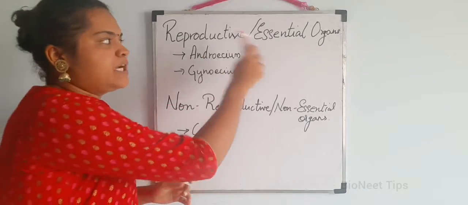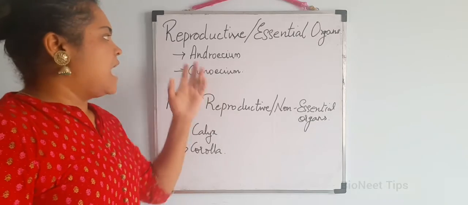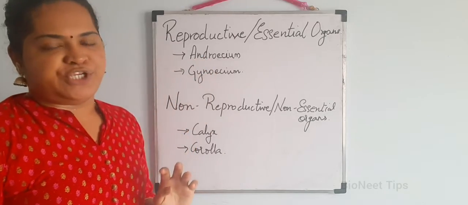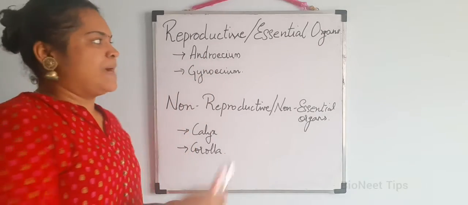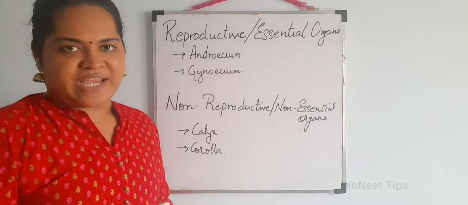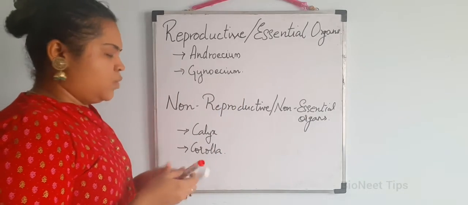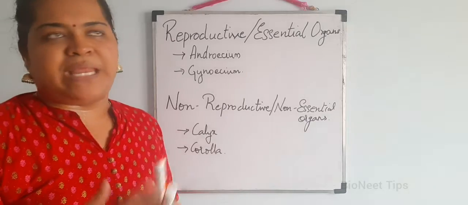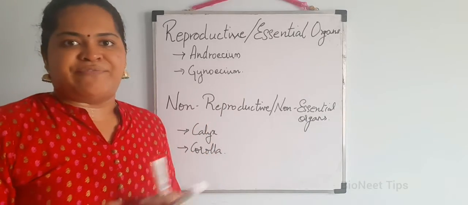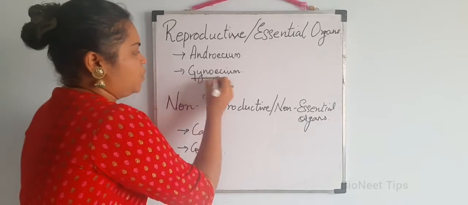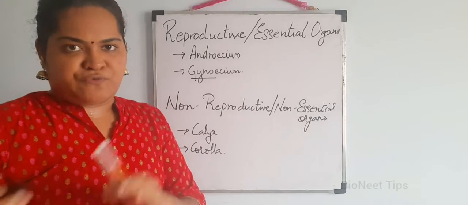Okay, so the reproductive or the essential organs are androecium and gynoecium. You don't have to get confused by seeing the terms androecium and gynoecium. We have heard in our life gyno. Gyno refers to the females, right?